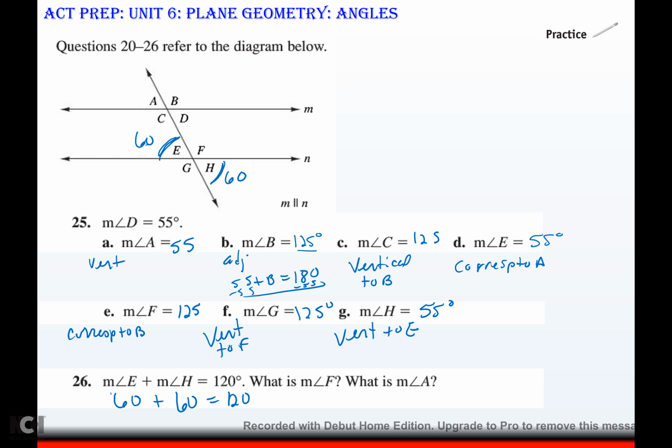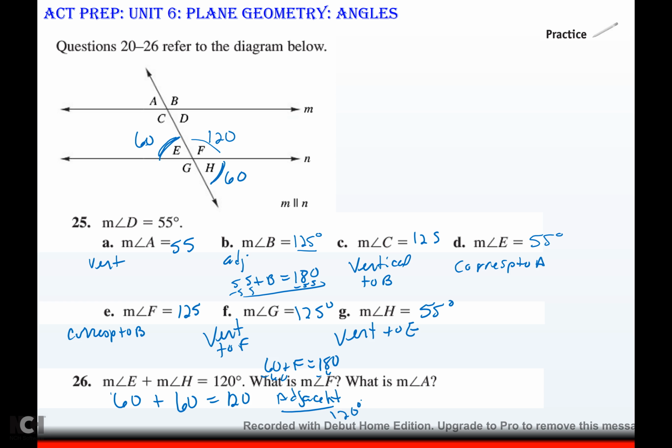Well, if this is 60 and F is adjacent, that means that 60 plus F has to equal 180, and F has to be 120. Okay, so F is 120.